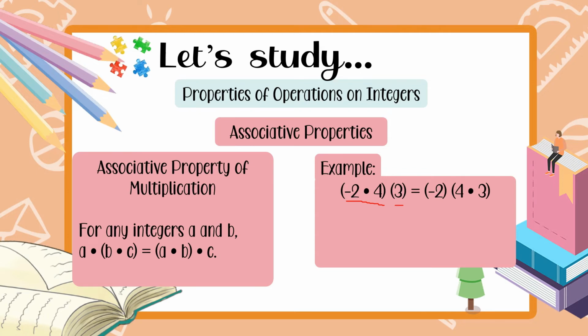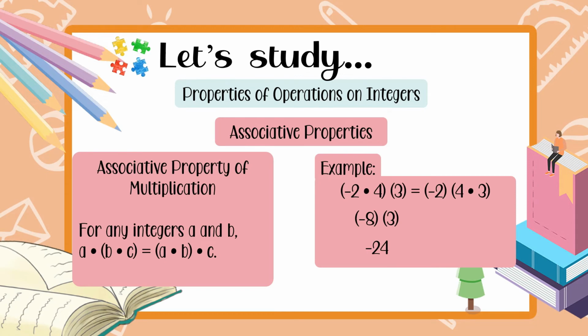On the right side naman, nakahiwalay si negative 2, ang magka-grupo naman is si 4 times 3. Okay? So, ang isosolve muna natin ay yung nasa left side. So, negative 2 times 4, we will have negative 8, then bring down 3. Okay? Bring down lang. So, negative 8 times 3, we will have negative 24.